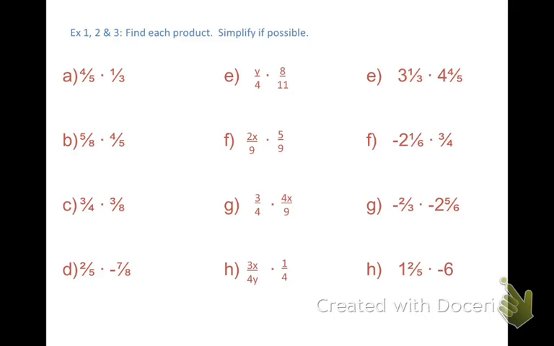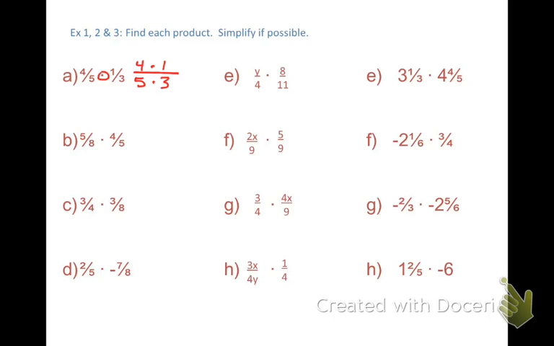So, we are going to multiply. Some of these have variables, but that's okay. So, what you do is you're going to take your numerator, that's your top part, and you go 4 times 1, and then you take your denominators and you go 5 times 3.